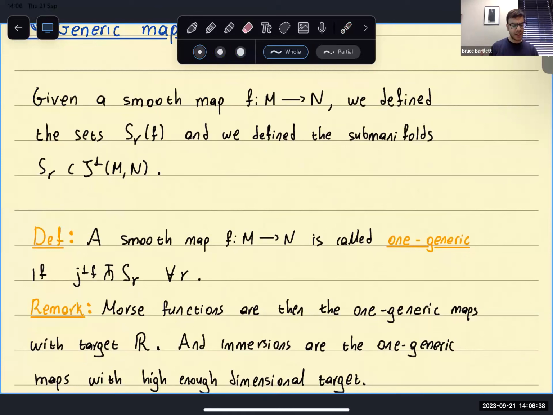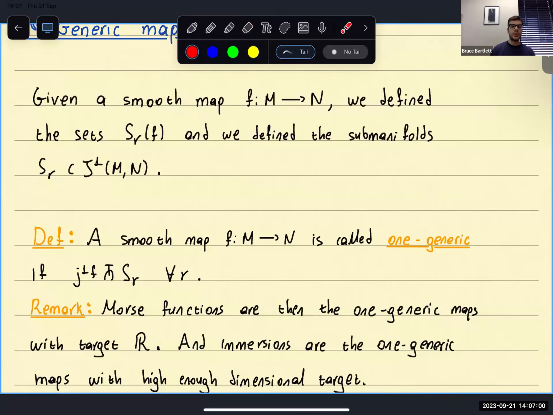And the definition, which I don't think I gave yesterday, but it's a fairly simple definition, is that if you give me a smooth map, this map will be called 1-generic if its first jet section intersects these S_r submanifolds transversally.